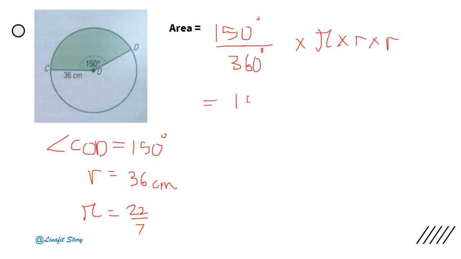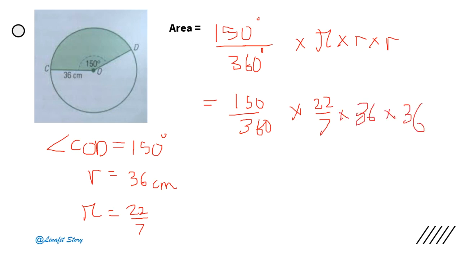So 150 out of 360 times 22 out of 7 times 36 cm times 36 cm equals 1697.14 square cm.